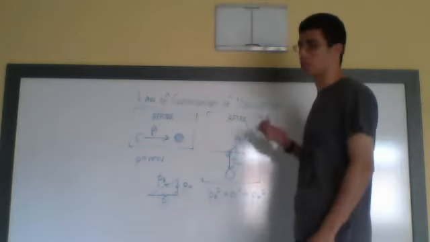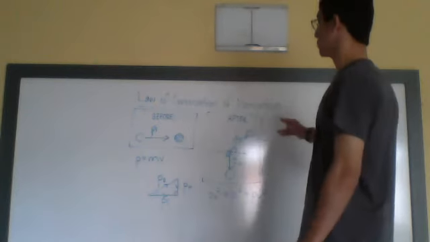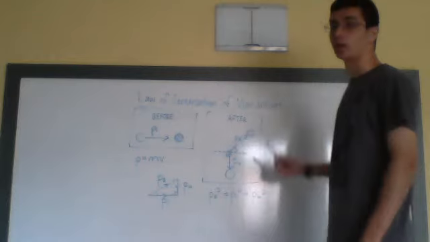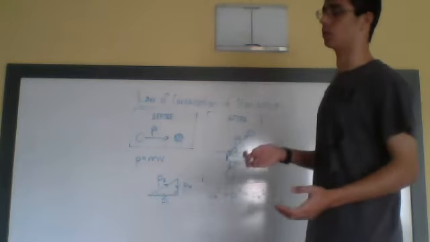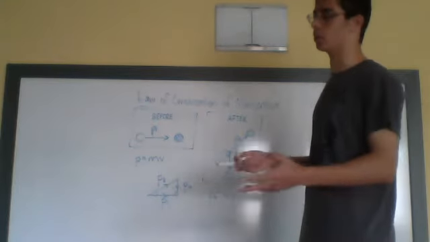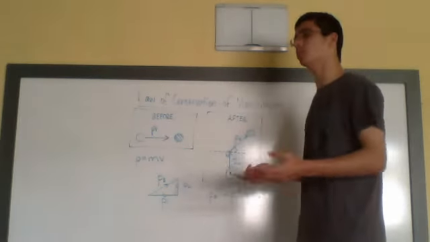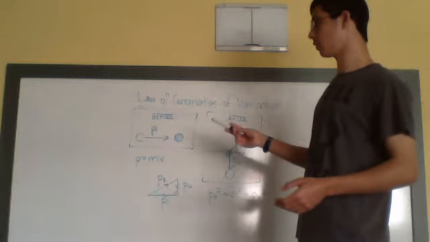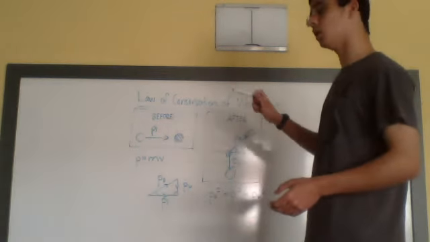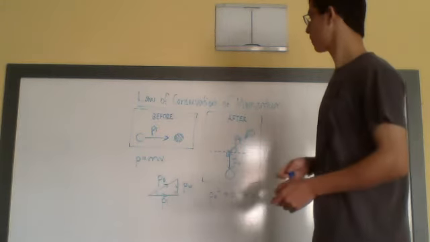Now let's look at one of the fundamental principles of translational motion, the law of conservation of momentum, which states that during a collision or an explosion where there are no external forces acting on the system, which is a combination of two objects or more, the total momentum of the system before and after collision or explosion remains the same.